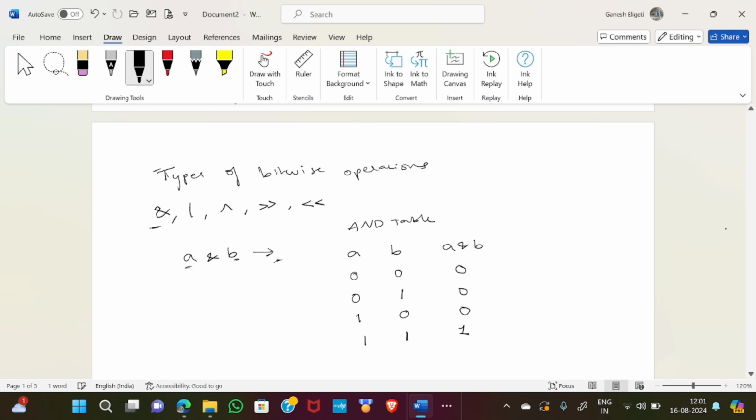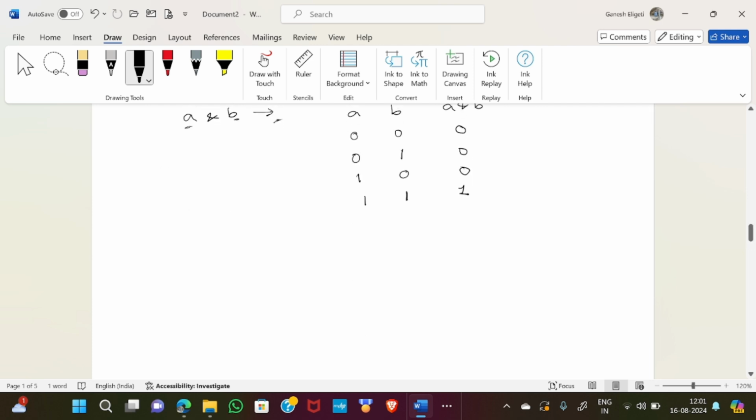Based on what A and B are, we can determine the answer. Now let's consider that we have two numbers, say 1 0 1 1, and another number 1 1 1 0. And you want to do AND operation between these two. So what we'll do is 1 0 1 1 and 1 1 1 0.